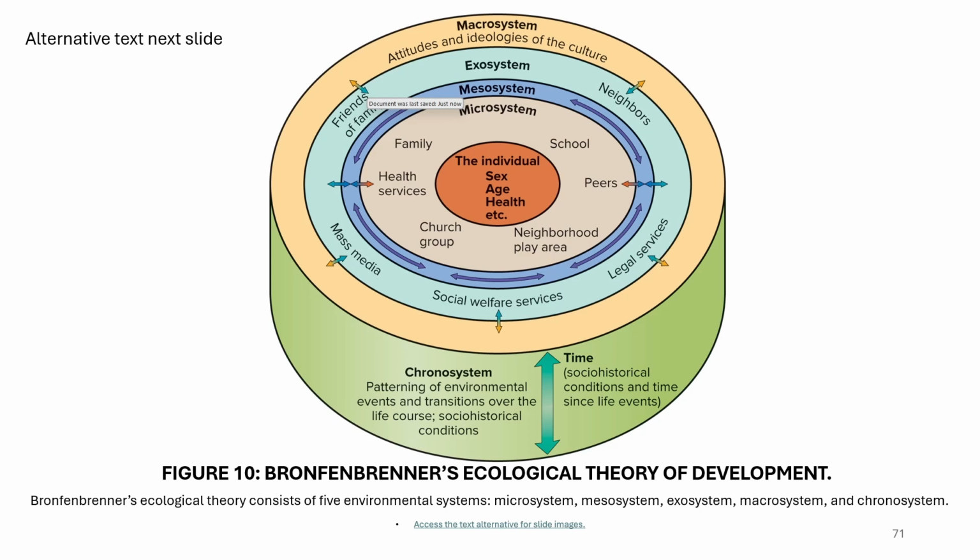It contains attitudes and ideologies of the culture that influence the exosystem. In addition to the 5 circles, there's an arrow illustrating change over time called the chronosystem. Here, referring to the socio-historical conditions and time since life events, creates the chronosystem, which is the patterning of environmental events and transitions over the life course, or socio-historical conditions.